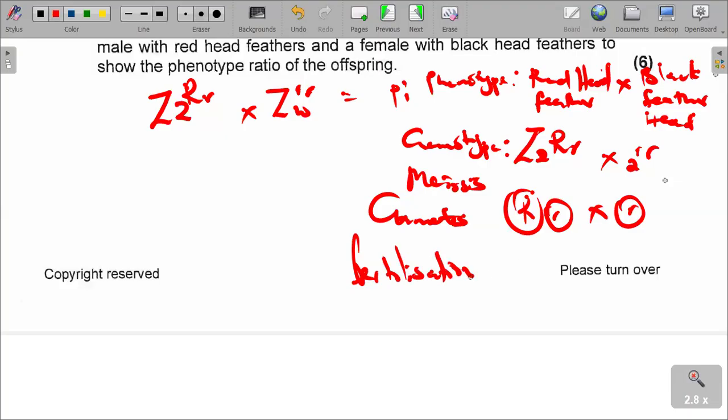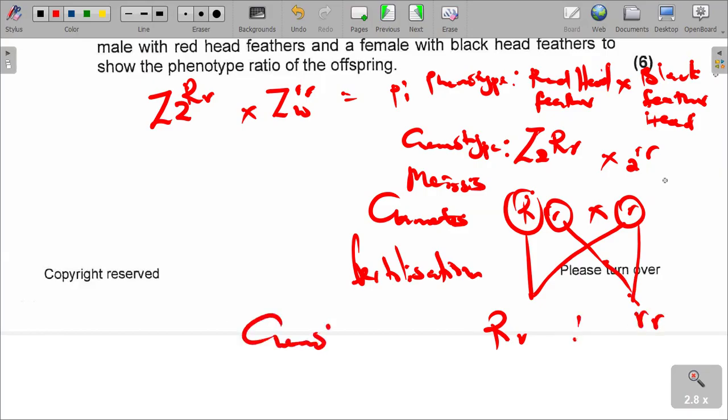And then we have fertilization. Our fertilization is going to take dominant R crossing with that one. We have got RR. Recessive R is crossed with this R. We have got RR. So our genotype, we have got that and that.